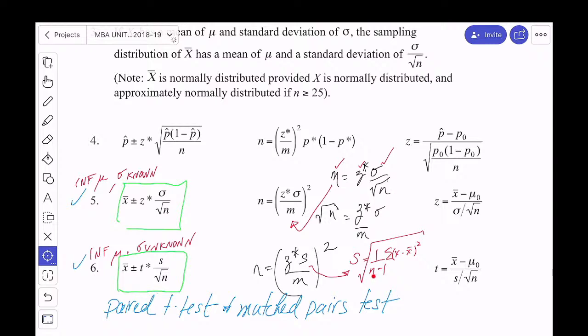So what you could do is use some sort of iteration. I mean, you could pick values. You could put this in Excel as a formula, with this inside, and then just keep on picking N's and seeing how it affects this N, but it's not a pure analytical solution.